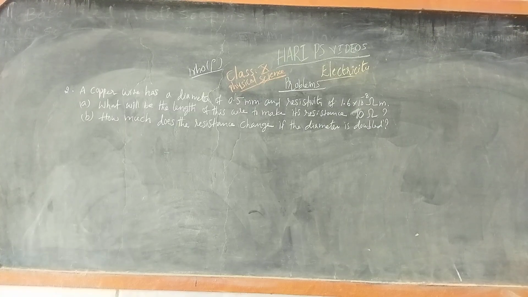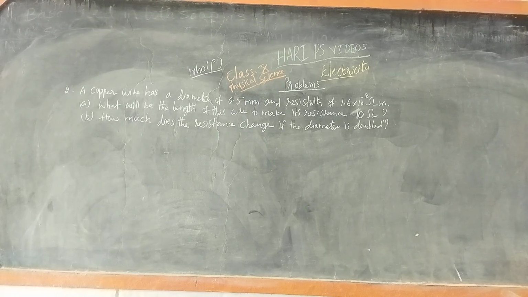So what do we need to find here? What will be the length of this wire to make its resistance 10 ohms, and how much does the resistance change if the diameter is doubled?